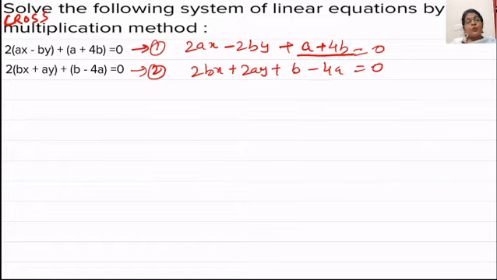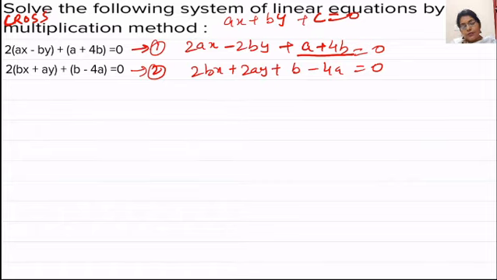What I have asked you to remember is the b cap. Our general form of the equation is ax plus by plus c equal to 0, so this is a, this is b, and this is c. Let us write this equation in the form of b cap. What is b?